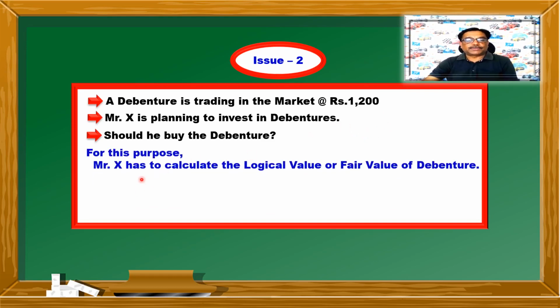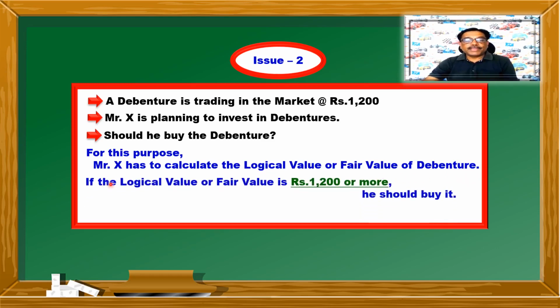Mr. X has to calculate the logical value or fair value of the debenture. If the logical value or fair value is rupees 1200 or more, only then we should buy it, otherwise not.